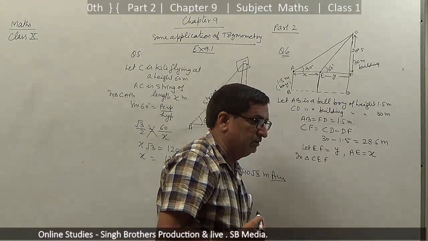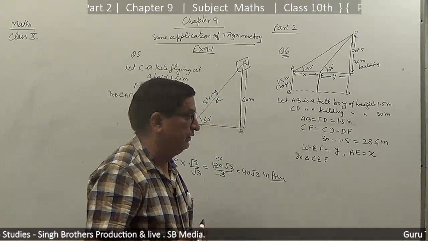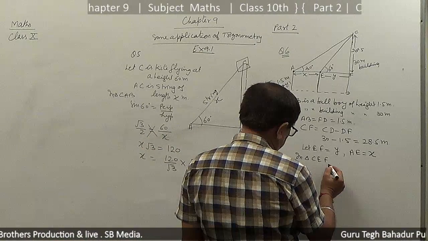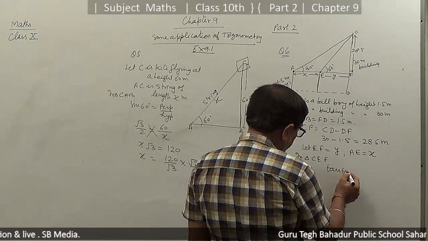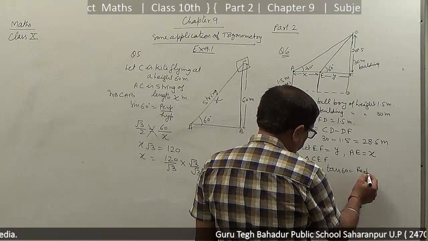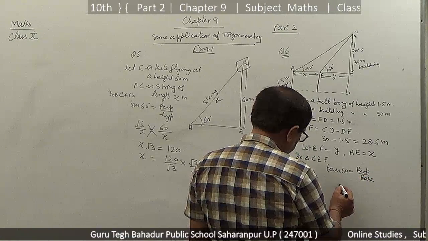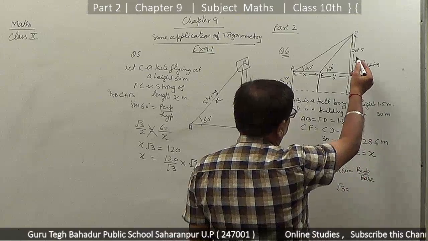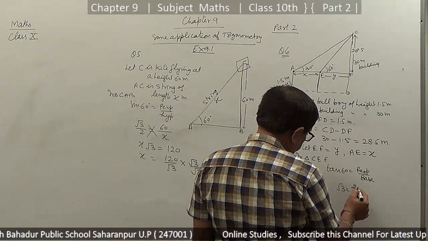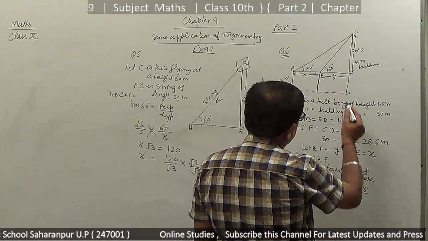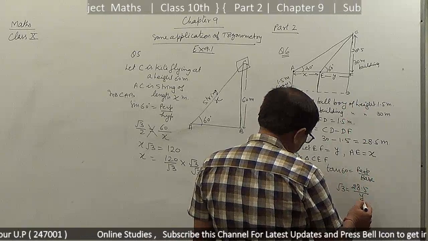Perpendicular and base are given in tan identity. So tan 60 is perpendicular upon base. Tan 60 is root 3. Perpendicular is 28.5, base is y.